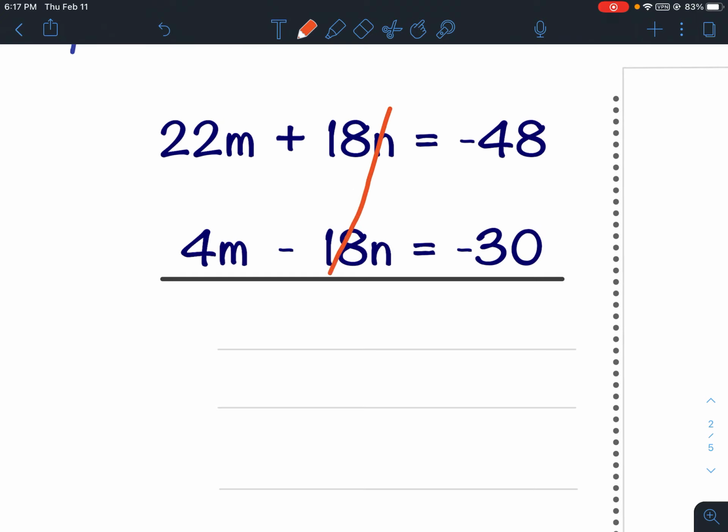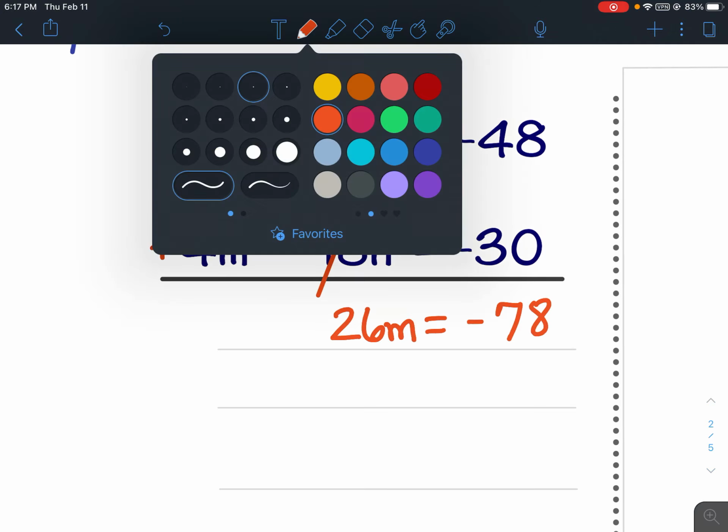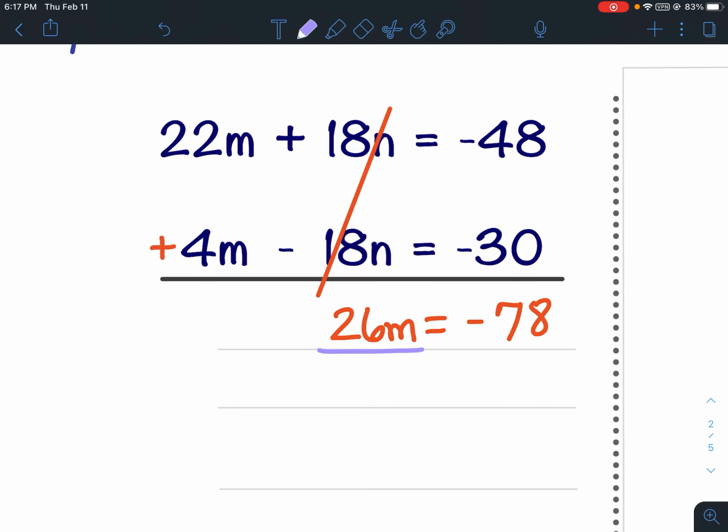My n terms are opposites, so they will eliminate. 22 plus 4m is 26m. Negative 48 minus 30 is negative 78. I want to isolate the variable term m, so I'm going to divide both sides by 26.